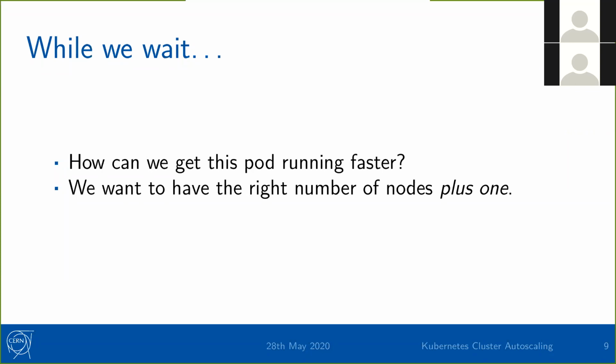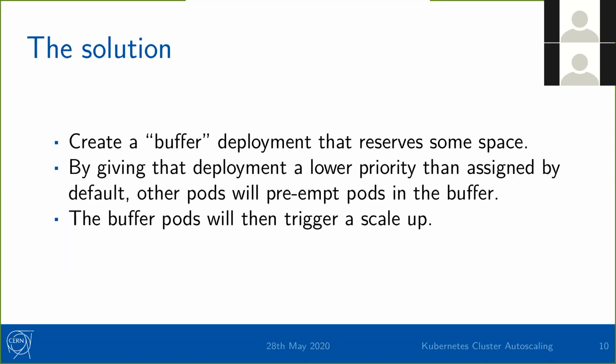So we need to put something in the space of that extra node we want. And we can do that with a kind of a buffer deployment that will reserve this space for us and then give us back that space as soon as it is needed. And this can be done with Kubernetes pod priorities. So by default, every pod will have a priority of 0.